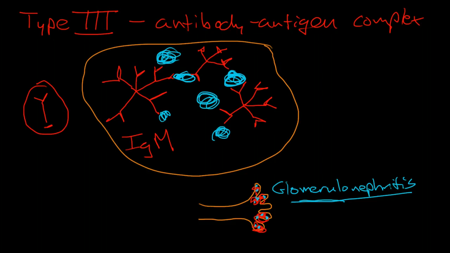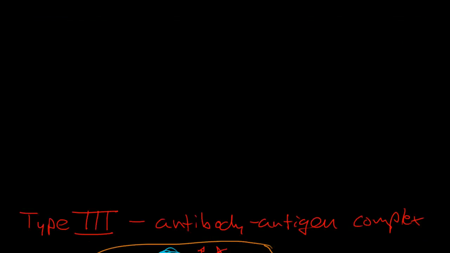These antigen-antibody complexes can also bind up microvasculature in other places of the body as well and cause microangiopathy throughout the body. Okay, so moving on to what's called the type 4 hypersensitivity reaction. A type 4 hypersensitivity reaction is also called a delayed hypersensitivity reaction.